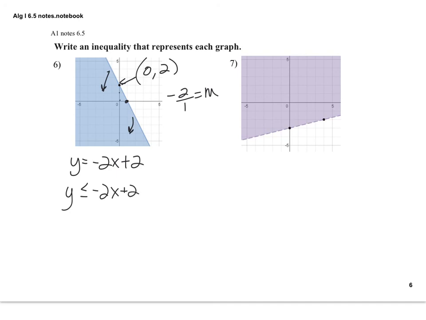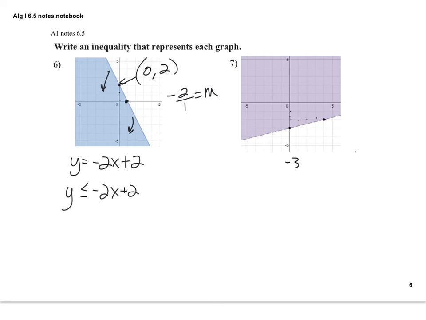Okay. And for number 7, I'm going to do the same thing, except this line is a dotted line. So I'm going to figure out that I've got a y-intercept of 1, 2, 3. That's a y-intercept of negative 3. All right. And I've got a rise of 1 and a run of 1, 2, 3, 4.